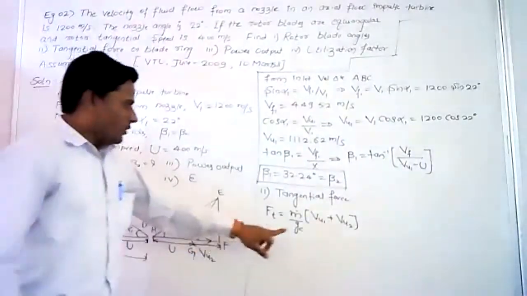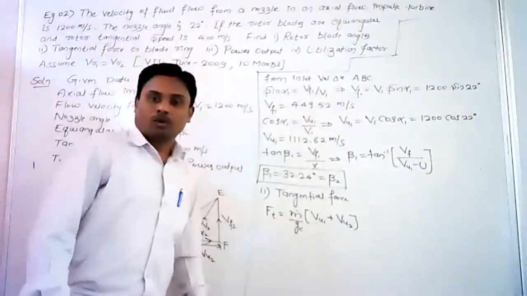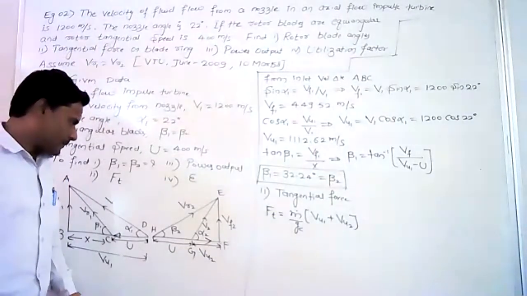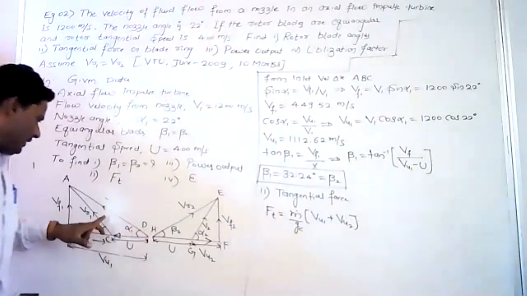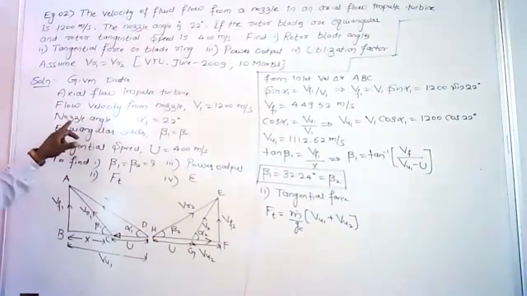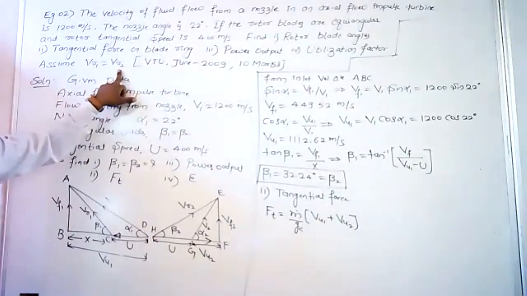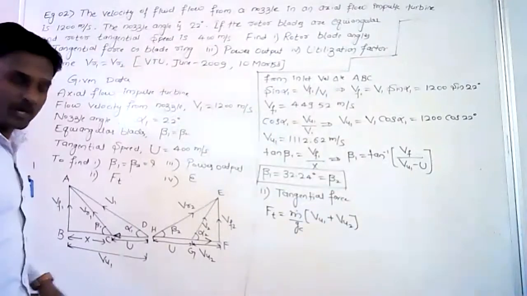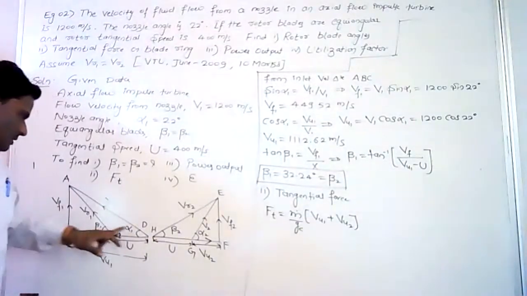Now, you know the value of VU1. Do you know the value of VU2? No, we don't know the value of VU2. But here VR1 equals VR2, because in the problem itself it is mentioned that we have to assume VR1 equals VR2.